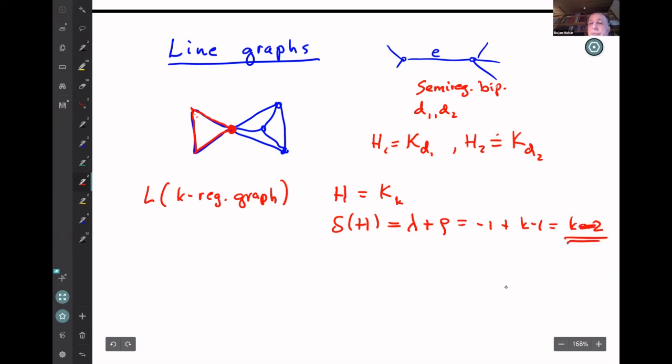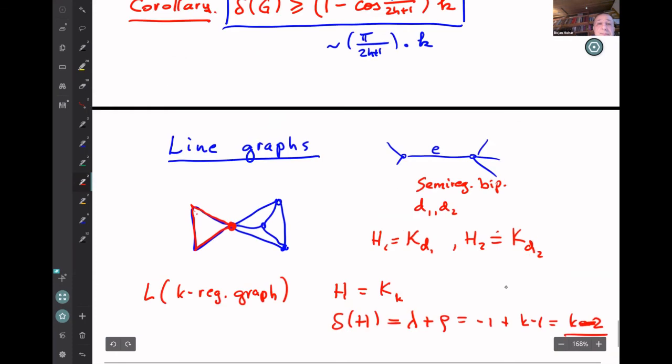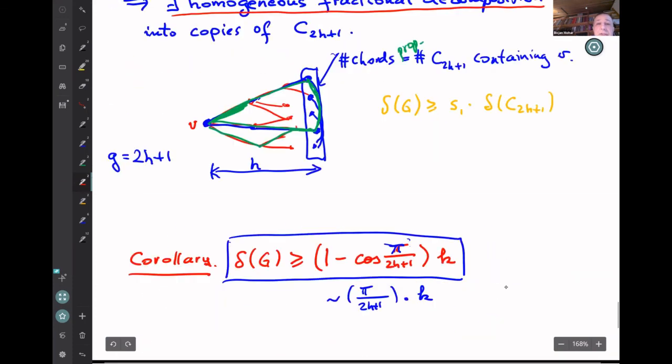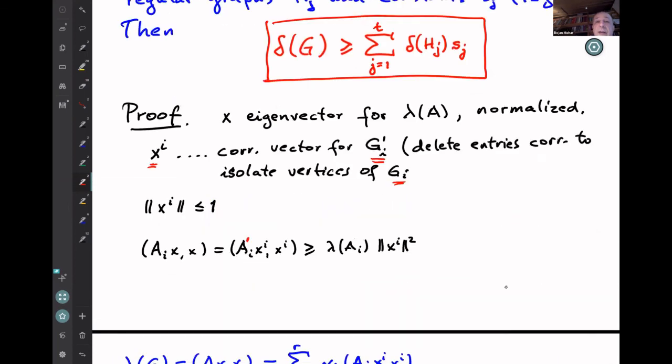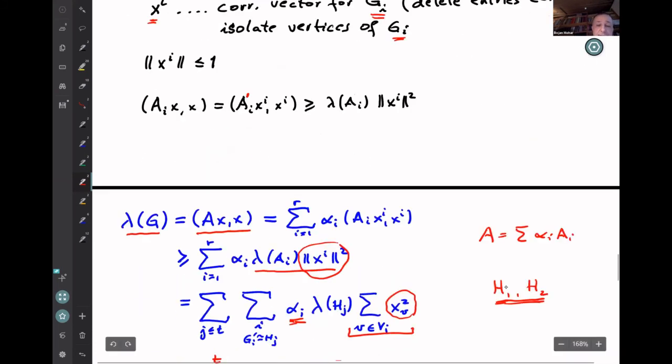So this is the negative spectral gap of H. And then by the theorem, sorry to go back, the spectral gap of the line graph will be at least, again, we have this constant, which is 1/2, I guess, here.